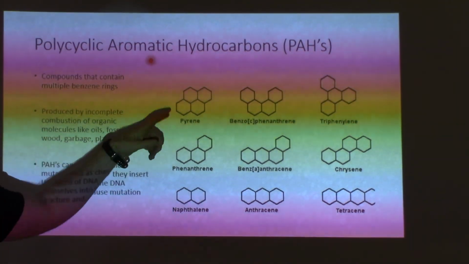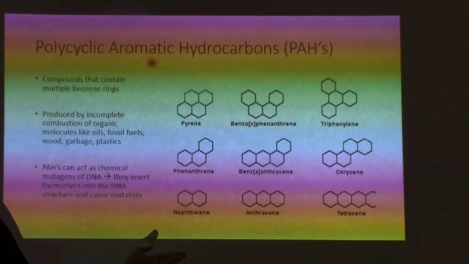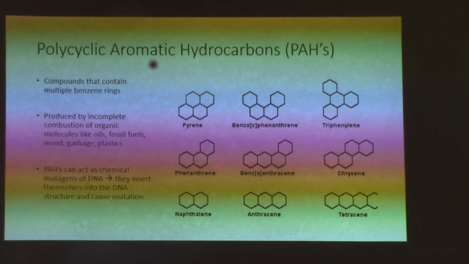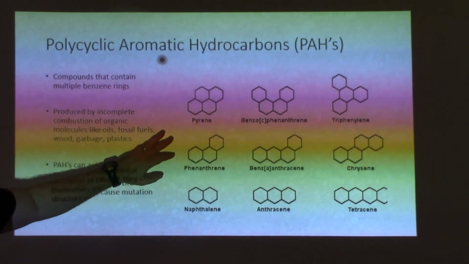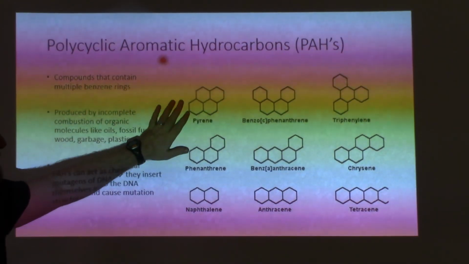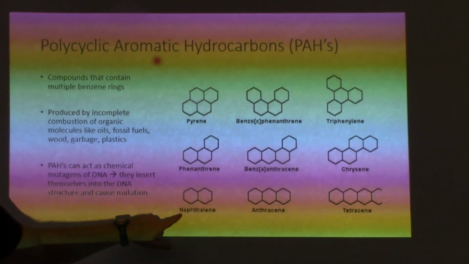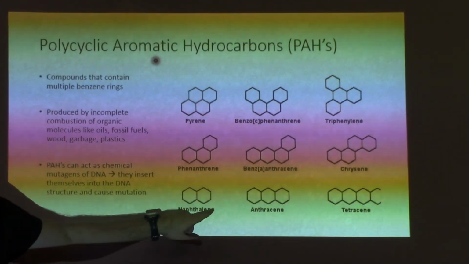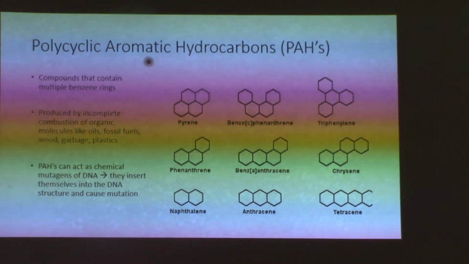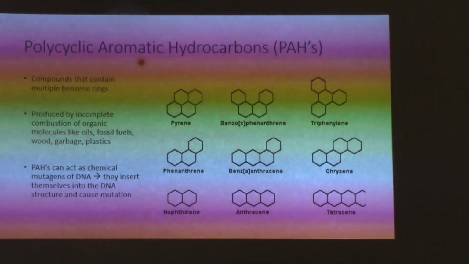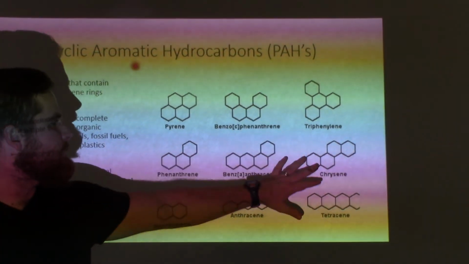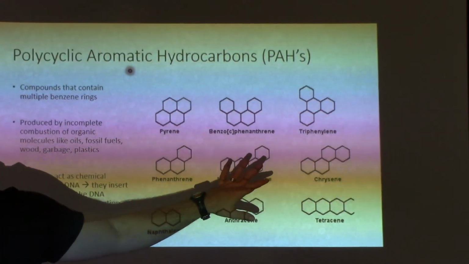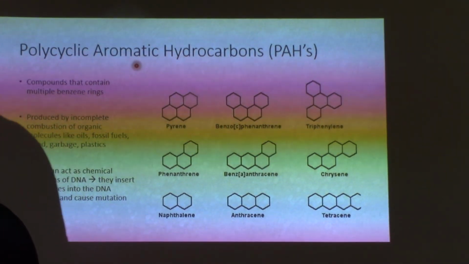This used to be on all of our furniture before we realized it did things like cause DNA mutation and stillbirths. Naphthalene are mothballs. So you've probably smelled those before. And quite a few of these other things are pesticides and herbicides. All right.